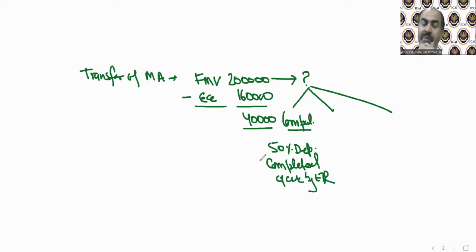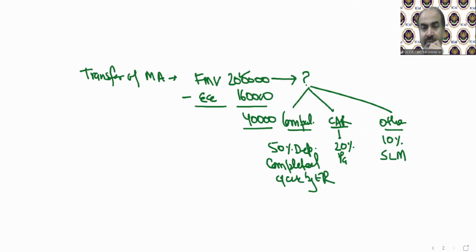After applying 50% depreciation every completed year of use by the employer, the remaining value will be treated as this value. If it is a car, then the rate will be 20% per annum. And if it is others, then 10% per annum, but the method will be SLM.